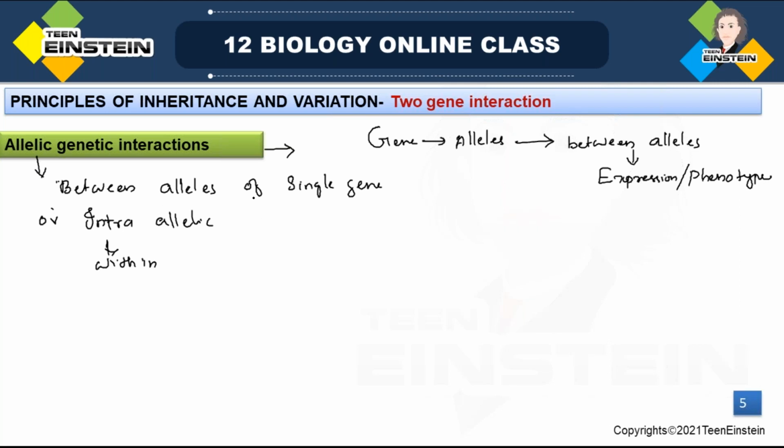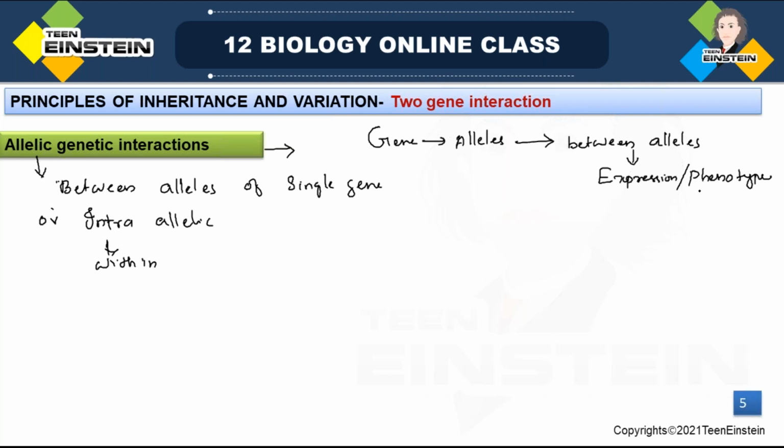So here intra-allelic means within those alleles only. In genetics, you have to learn these terms mainly; from that itself, you will get half of the explanation. So in intra-allelic genetic interaction, within those alleles only all these interactions take place, and it forms an expression or a phenotype.